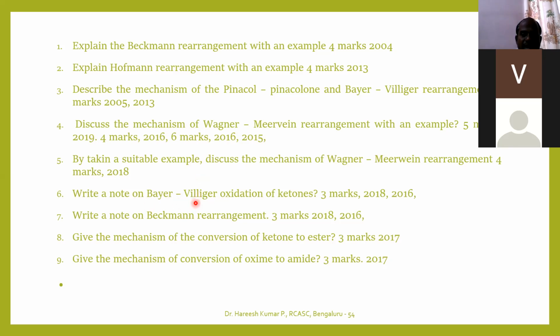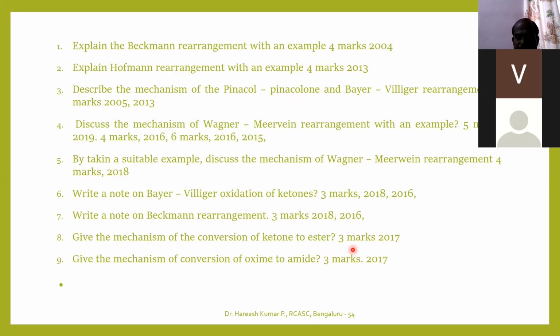Then, Baeyer-Villiger oxidation of ketone: the ketone gets converted into an ester by treating with a peracid. Then, write a note on Beckmann rearrangement: an oxime is converted into a substituted amide. This was also asked in 2016 and 2018. Then, here is an indirect question: give the mechanism of the conversion of ketone to ester.